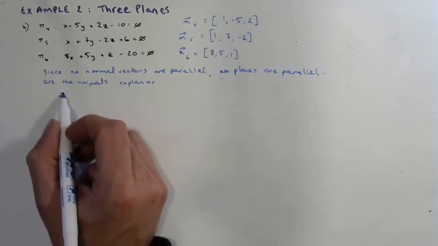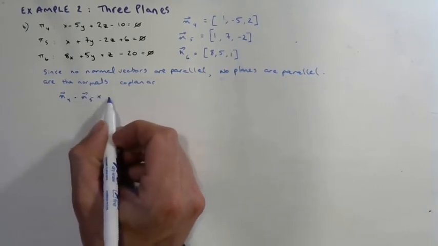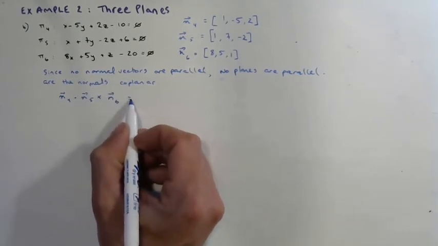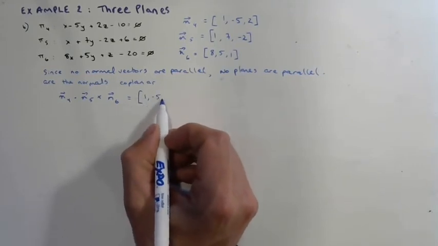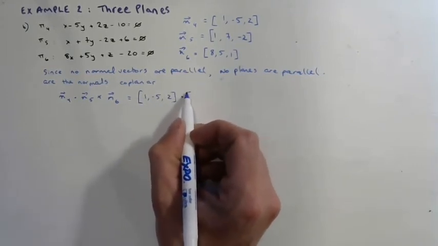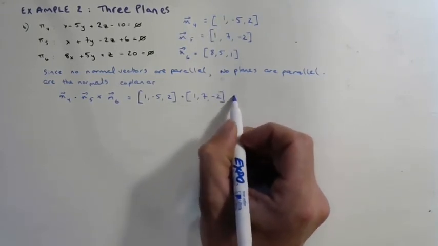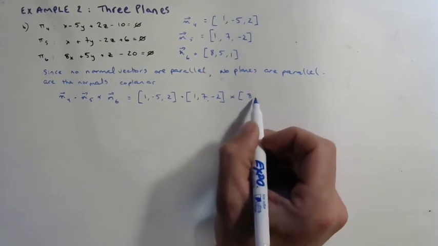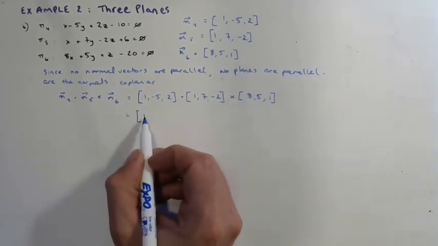So let's go for that. N4 dot N5 cross N6. Write out our vectors. We've got 1, negative 5, 2 dot 1, 7, negative 2 cross 8, 5, 1. So again, we have to take the cross product first.